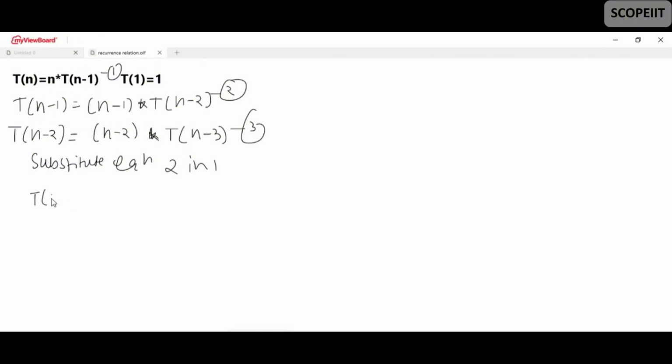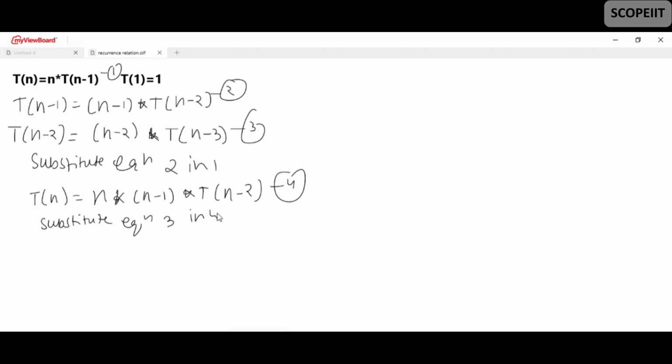So it will become T of n is equal to n, which is as it is, multiplied by, now T of n minus 1 will be replaced with this. So it will become n minus 1 into T of n minus 2. This is your equation 4. Next, substitute equation 3 in equation 4.